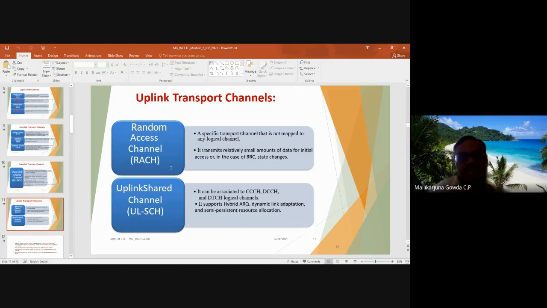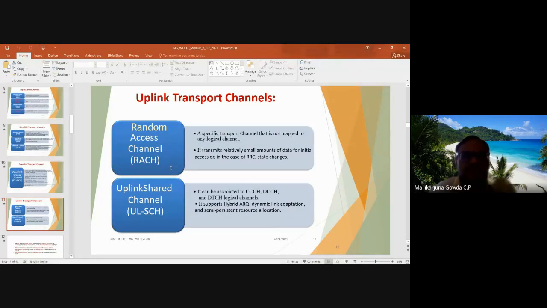And this channel transmits a relatively small amount of data for initial access. If you want to make a call, first this RACH channel will be sending a signal to the base station.